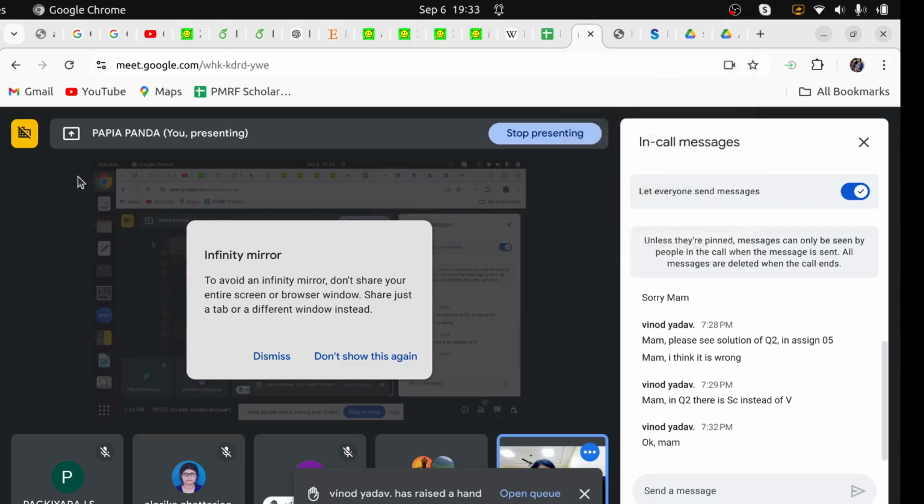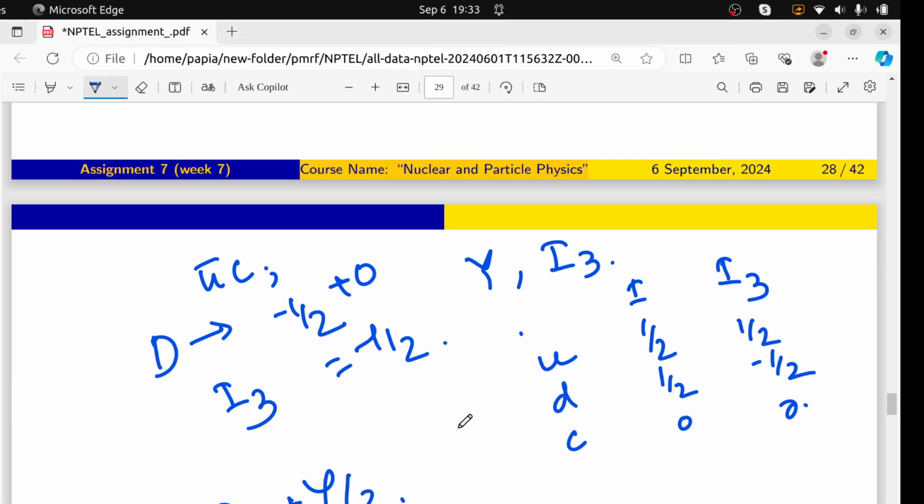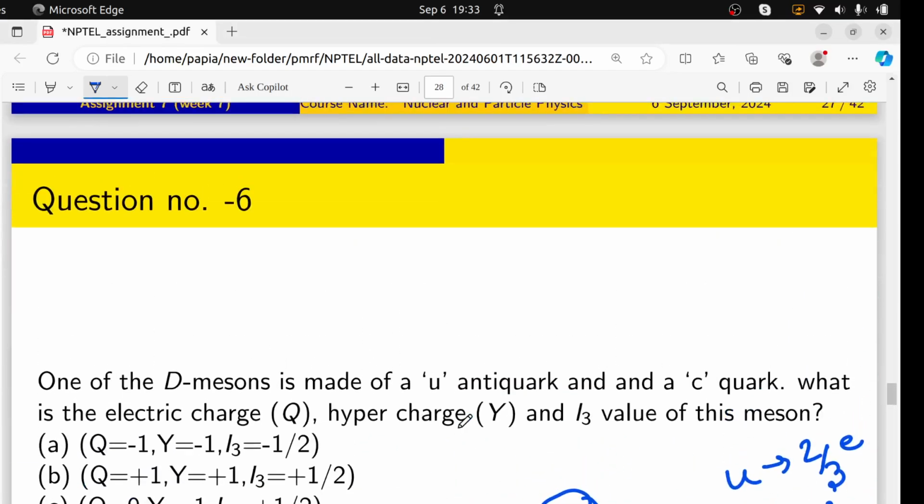Okay, so any other doubt regarding today's class, or other classes? By the way, how many of you got full marks in the assignments till now? Any assignment, 1, 2, 3, 4, 5, 6. Is there anyone who got full marks?